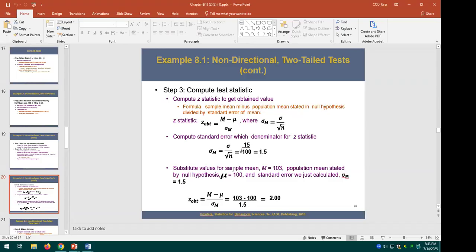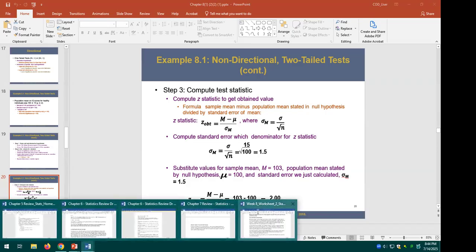And we also have the Z obtained value, which is going to be the sample mean minus the population mean over the standard error. So you calculate this, then you plug it back in, and then you compare this to this, and then you know if you reject or retain the null hypothesis.